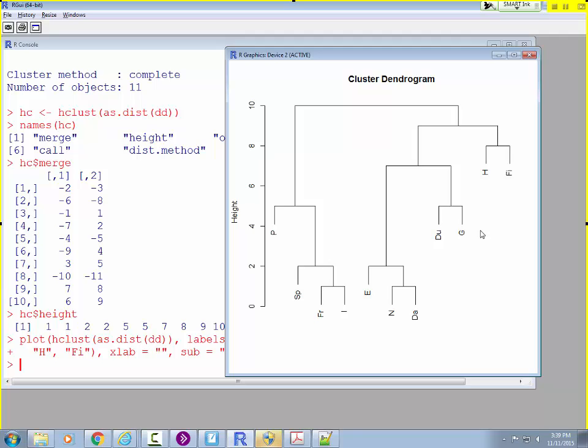So what does it say in the broadest sense? Why would you make one of these pictures, and what do you do with it? You're really interested in whether there are parts of the picture that look distinct from other parts of the picture. You're trying to group individuals or items.